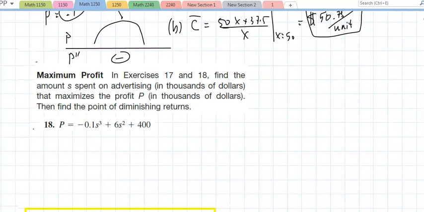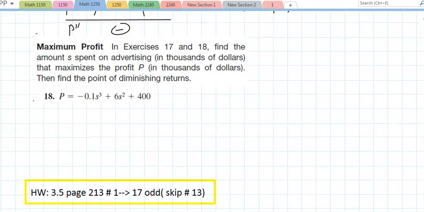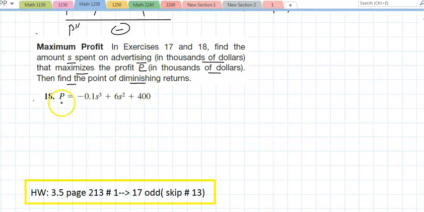One more to go, and point of diminishing return is extremely important. And here we're doing what? It says, find the amount s spending on advertisement in thousands of dollars that maximize the profit in thousands of dollars, then find the point of diminishing return. So you want to maximize the profit, and the profit is given by this function.